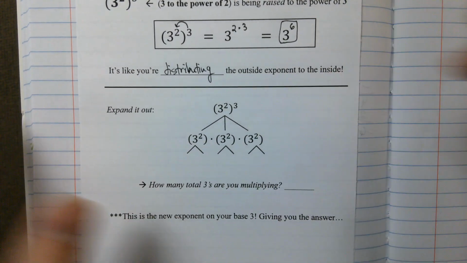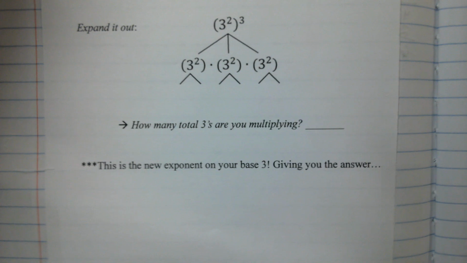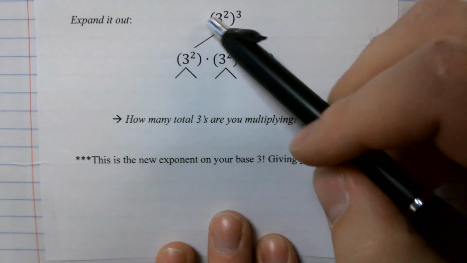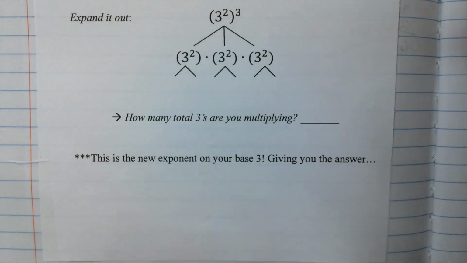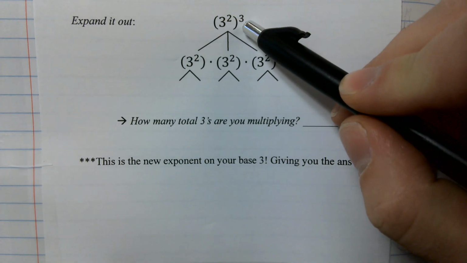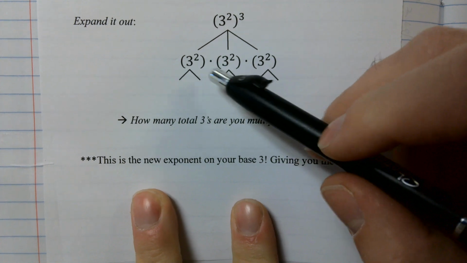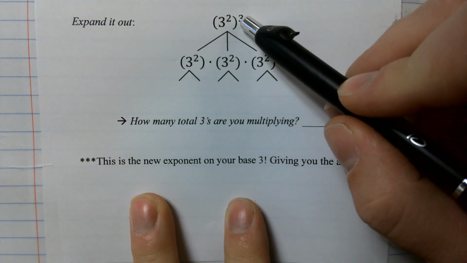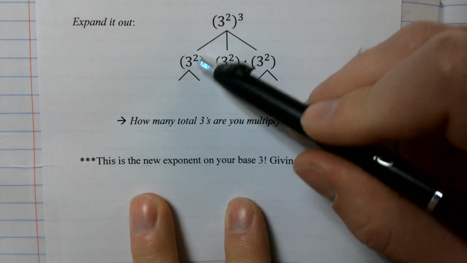But if we expand this out, we can see what we're actually doing here. If I've got 3 squared, if I think of that as one entity, and I'm raising it to the power of 3, then I'm doing 3 squared times 3 squared times 3 squared. It's 3 squared 3 times. Well, what is 3 to the power of 2?